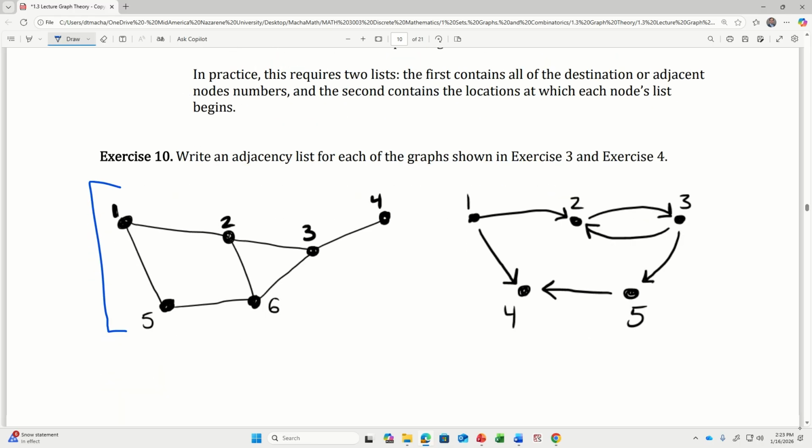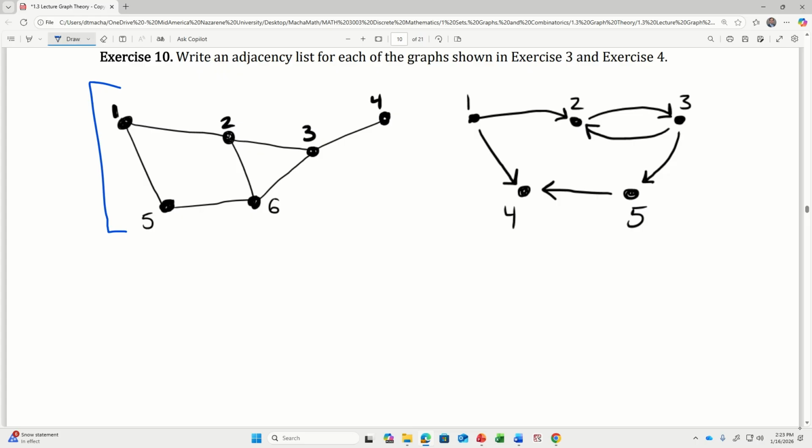undirected graph. So the way this works is I look at node number 1, and I would say it is adjacent to nodes 2 and 5. Then I look at node 2, and I say it is adjacent to 1, 3, and 6. And I look at node 3. I say node 3 is adjacent to 2 and 4 and 6.